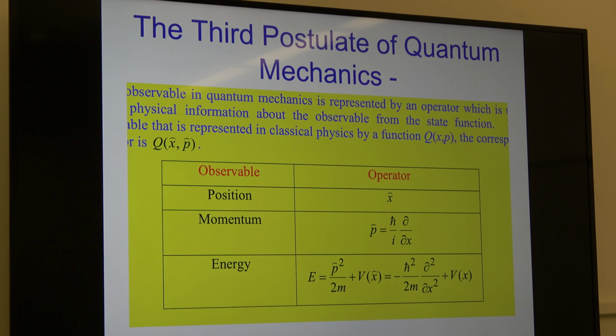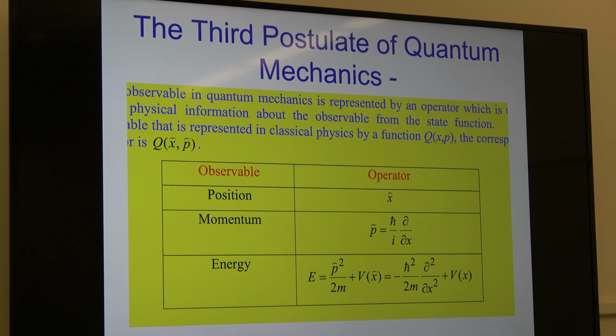And the third postulate of quantum mechanics is something that I don't want you to necessarily inhale, because it's really very technical, and it takes some time to appreciate it, and it took decades actually, maybe 2 or 3 decades to formulate. And that is, you replace classical variables, physical properties, with quantum variables, mathematical equivalents.